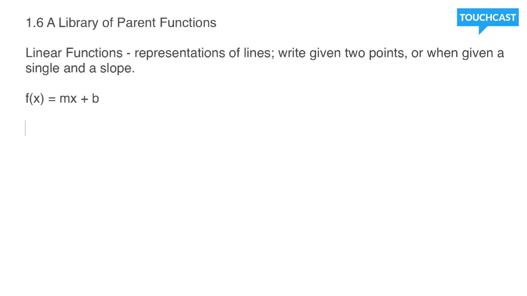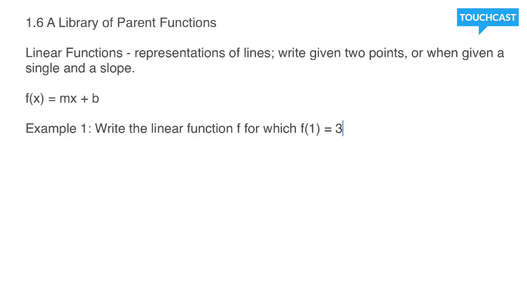This takes us into example 1. We're going to write the linear function f for which f of 1 is equal to 3 and f of 4 is equal to 0.